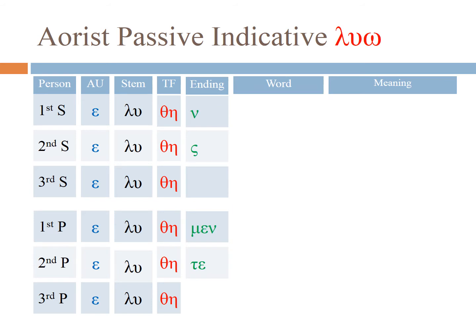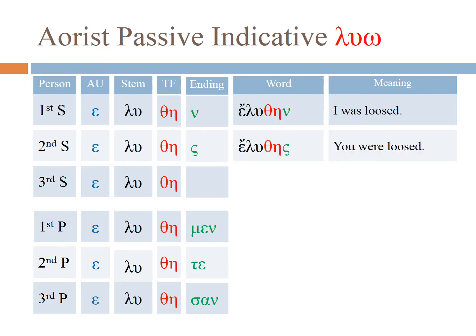Once again, we have men, te for the first and second plural, and san for the ending of the third person plural. So we get first person singular, eluthen, I was loosed. Second person, eluthes, with that sigma, you were loosed.